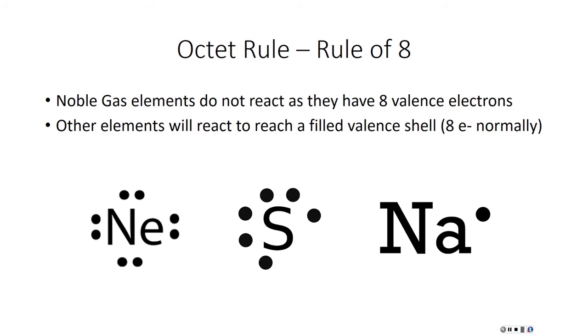Okay, let's do this one. Let's do tin, which is going to give up its 4 electrons and oxygen. Because tin's in the 4th column, I have to tell you that it is giving up its electrons.